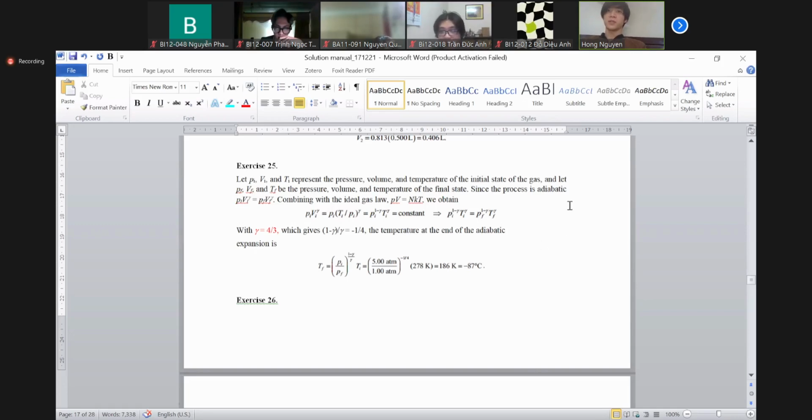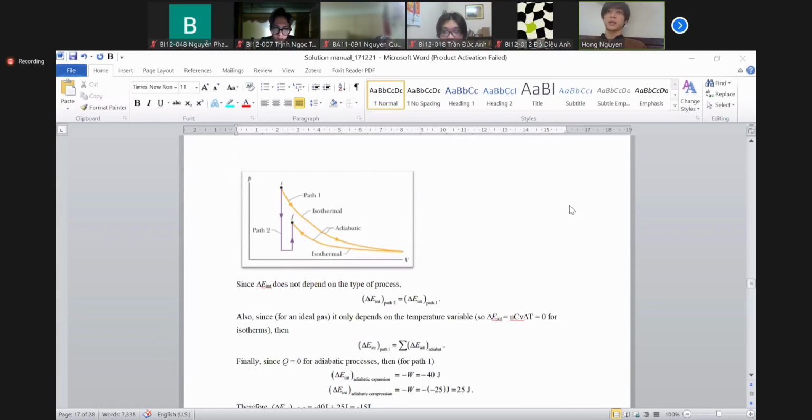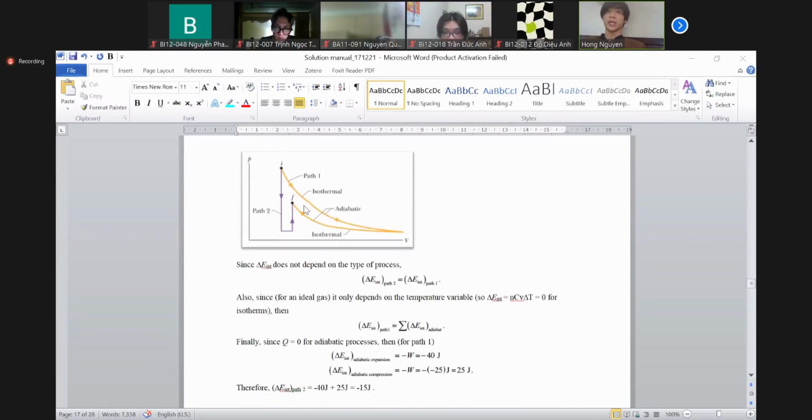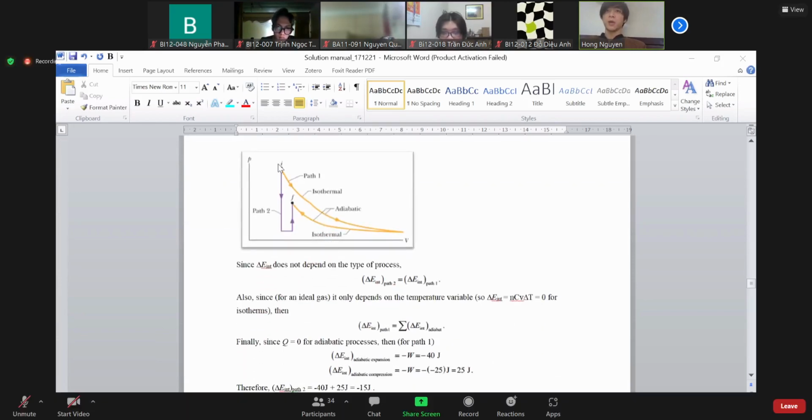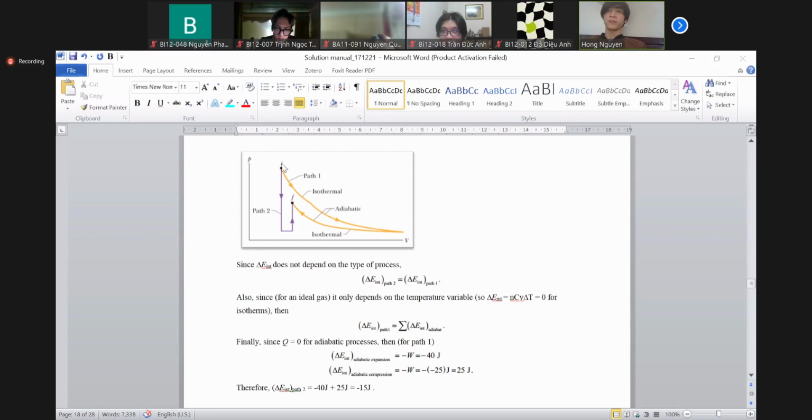So I start from 26. Here the 26 is very quick. What we want to know is the change in internal energy of path 2. But actually path 2 and path 1 are similar. They have the same change in internal energy because they have the same initial and final states.